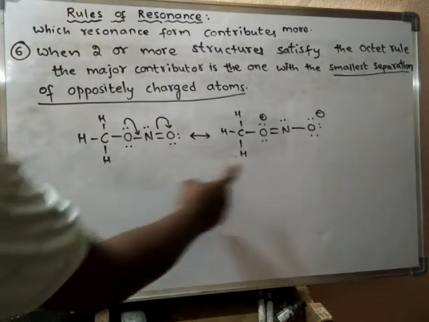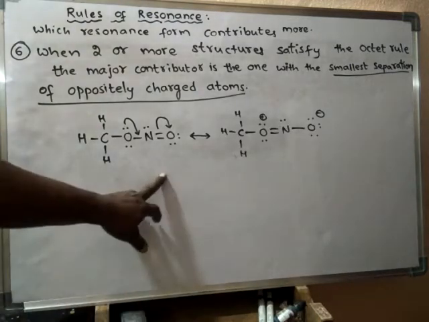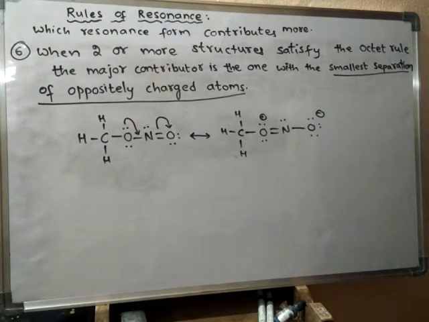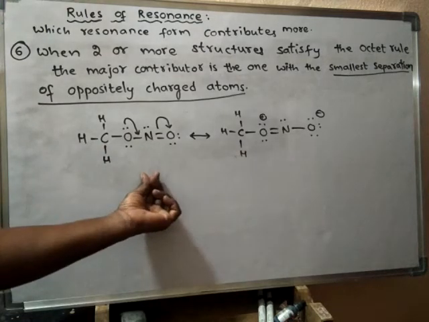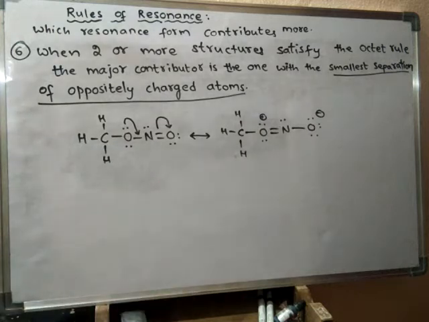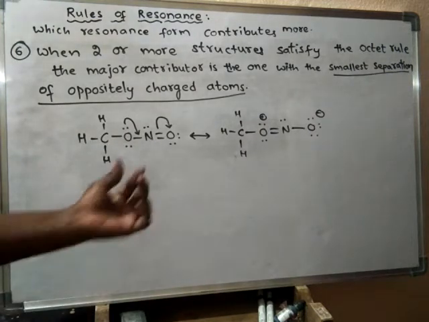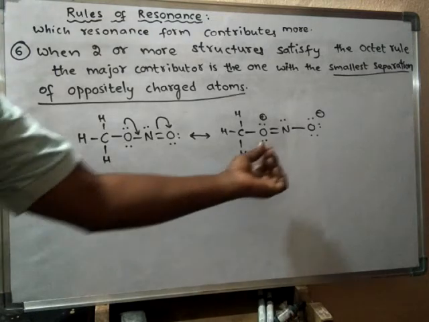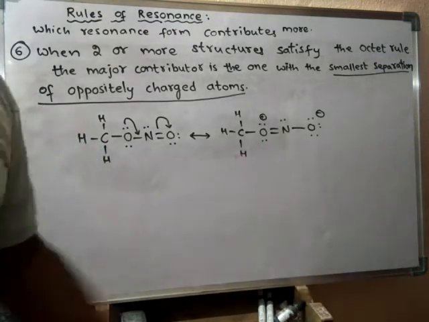Suppose you compare these two structures. In this structure there is no separation of charge at all, so the separation of charge is the least. This is more stable, but here the separation of charge is there.